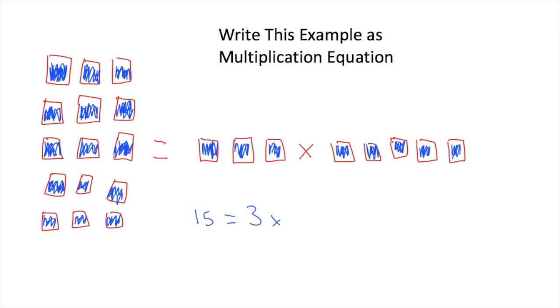So 15 equals 3 times as many as 5, whereas the equation is 15 equals 3 times 5. Okay, so that is our multiplication equation for this drawing. So whenever your teacher, instead of writing numbers, does drawings, look at it closely. You always want to write the total number and what she gives you here. Let's move on to our next example.